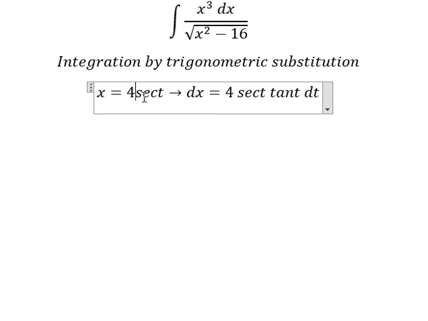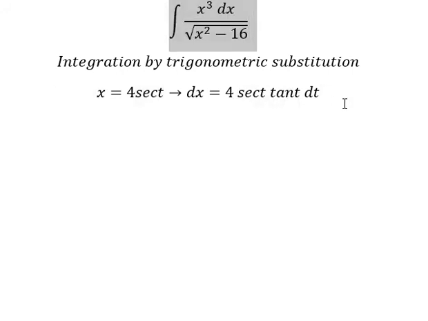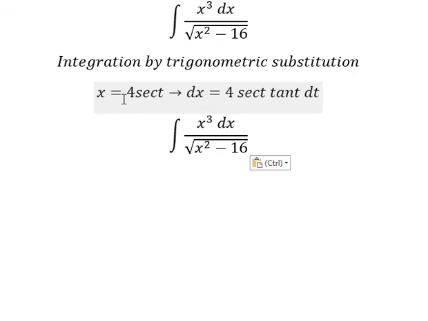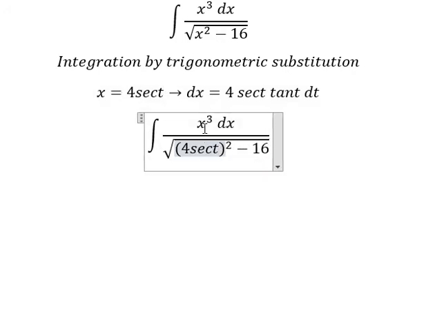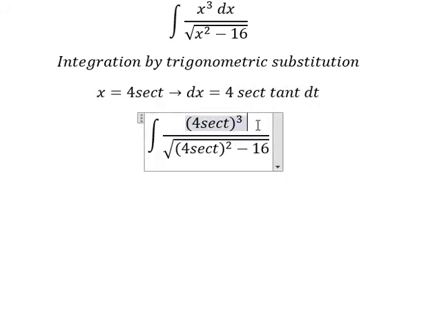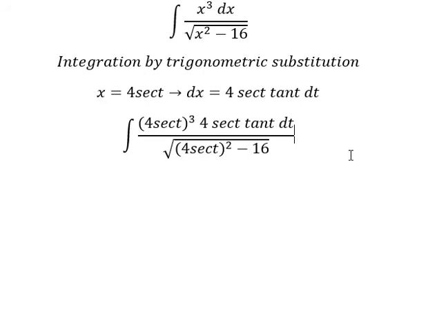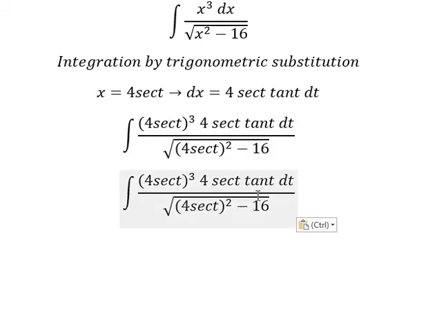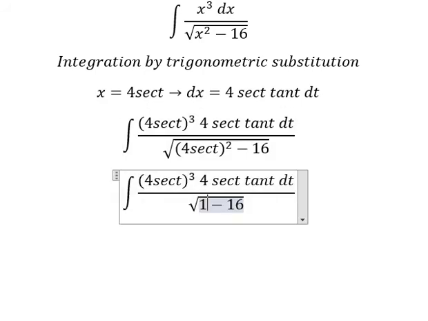The first derivative of secant of t, you get this one. So I will put this one in here and here. ds we change by this one. So this one you get 16 secant of t squared.